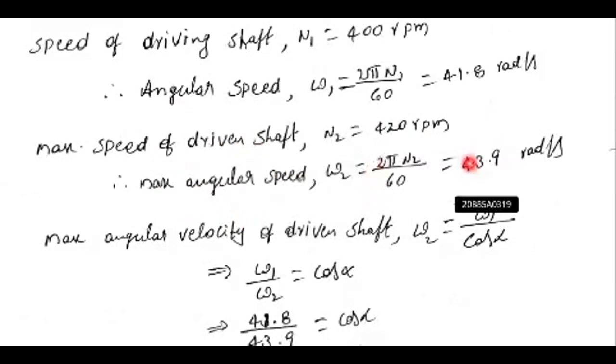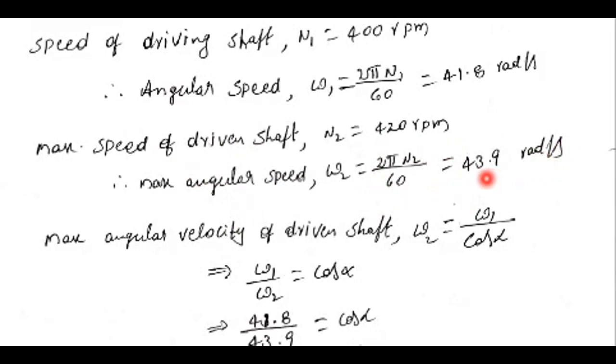When we substitute the N2 value in this equation, we get the value 43.9 radians per second.